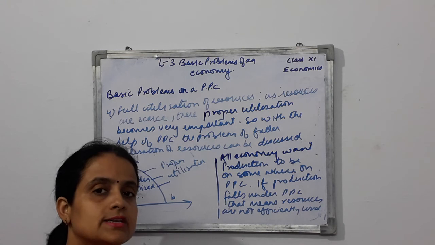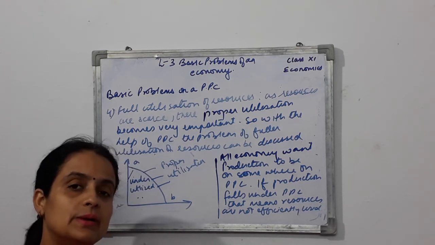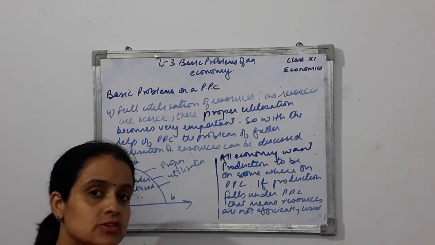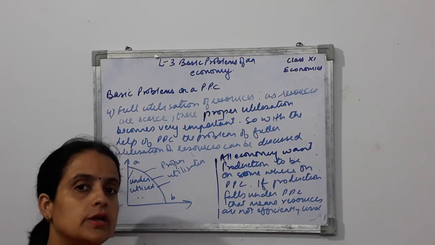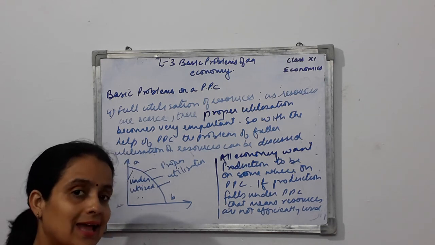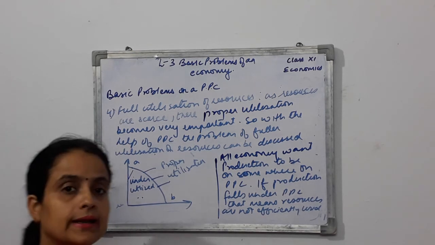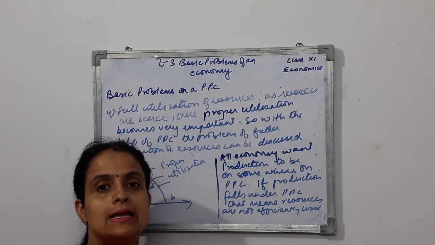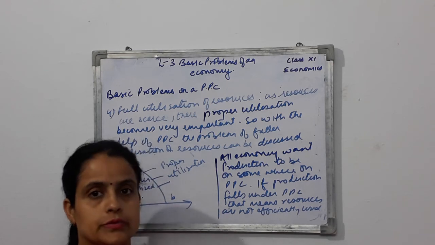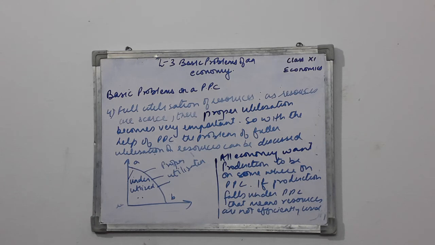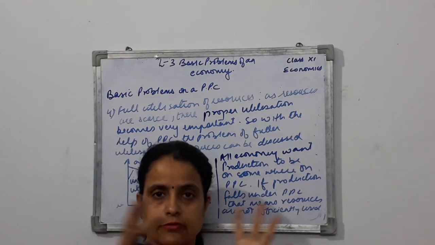So due to the scarcity of resources, it becomes a major constraint for the producer that he has to reduce the production of one commodity in order to increase the production of another. That is why the PPC is downward sloping. I told you that in the properties of PPC. The problem of choice says that the producer has to make a choice between the different combinations.